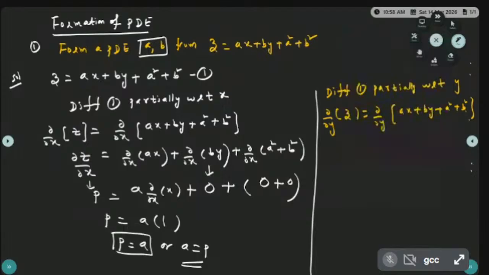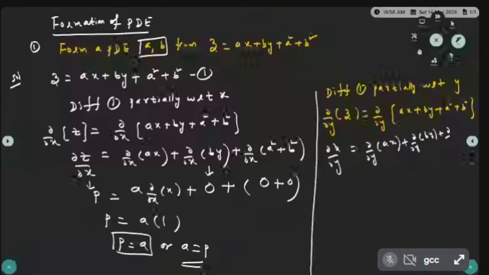Dou z by dou y. What is the first term? Dou by dou y of ax. Second term? Dou by dou y of by. Last term? Dou by dou y of a square plus b square.